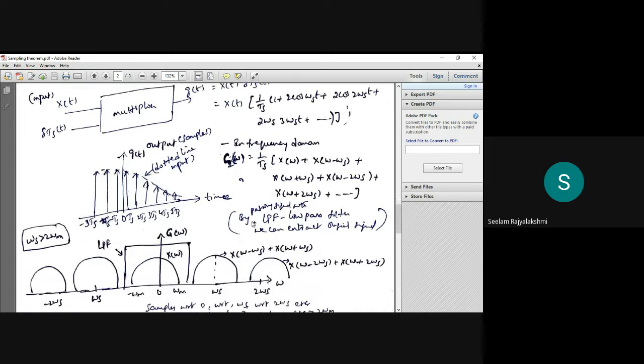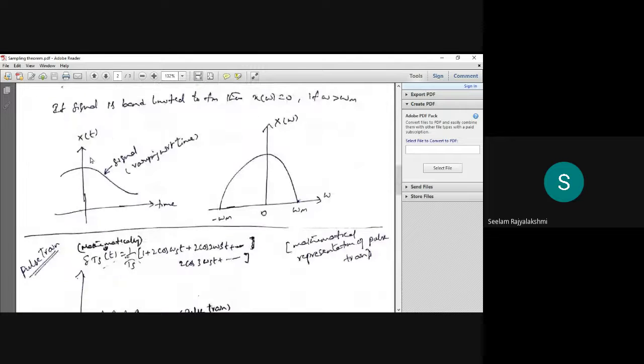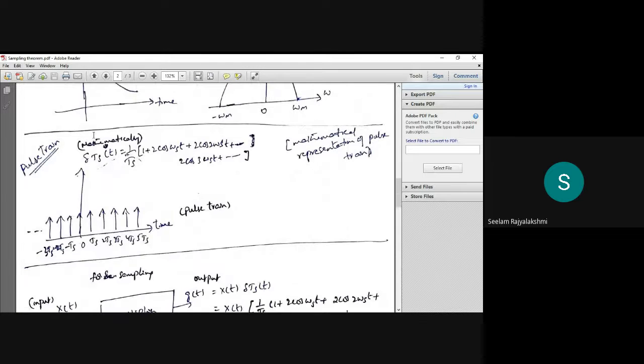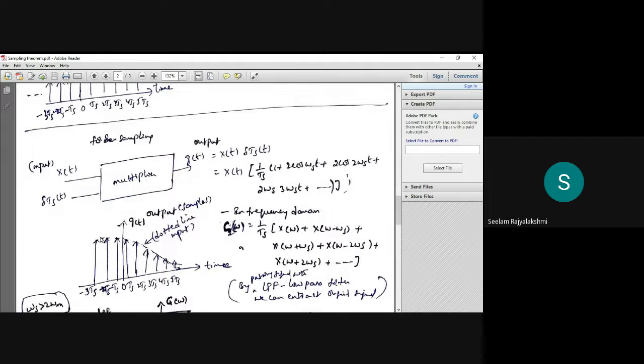Now let us see the output samples. This is the input, and this is also an input. By multiplying these two, we will obtain the output like this. This is the original signal, and these are the pulses or samples. The dotted line is the input, and the output is g of t samples.